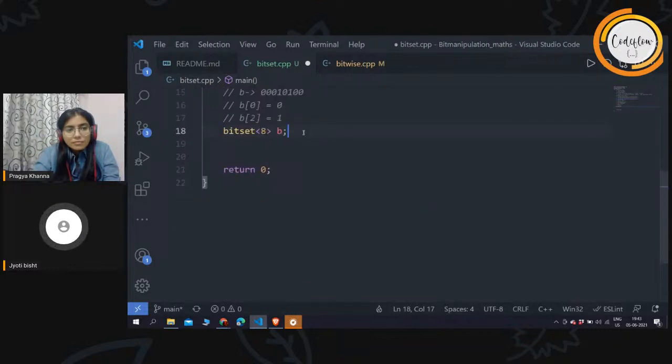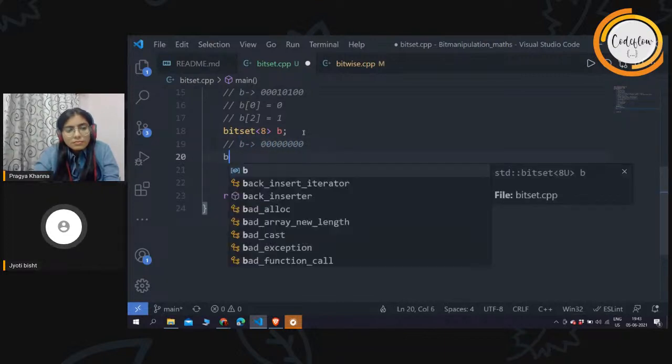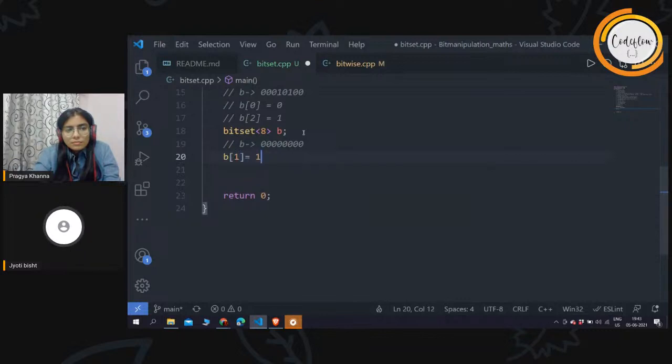So my b would look like this. Now if I want to set b of 1 equal to 1 and b of 5 also equal to 1, we are just assigning the values like a simple array.